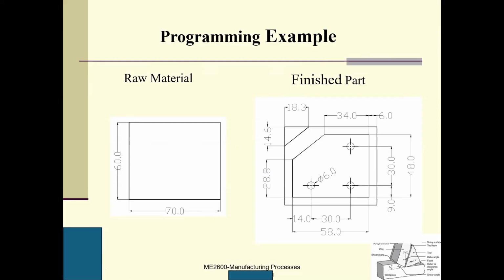Now you know what I'm going to do, right? So this is my original raw material, the raw material I get. Now what I want to have is this slot. This is an edge slot. We call an edge slot a step, because it is on the edge, and then we drill 3 holes.